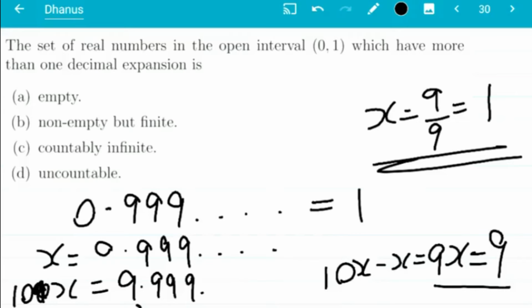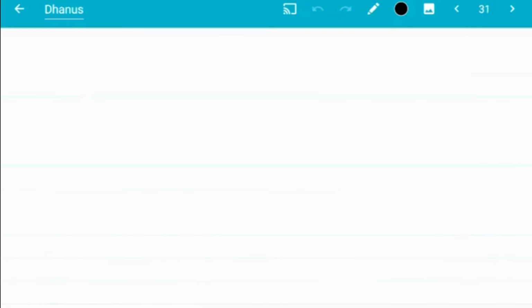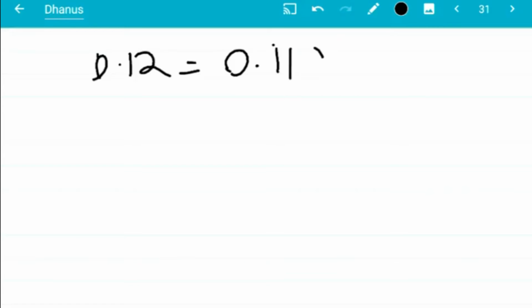Then we have to prove that, and my assumption is every rational number that has a finite decimal expansion has two representations. For example, I'm taking 0.12. I can write it as 0.11999..., and both of these representations are okay, and the values are the same.